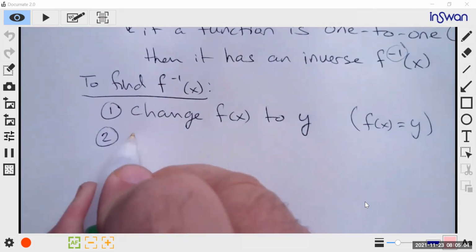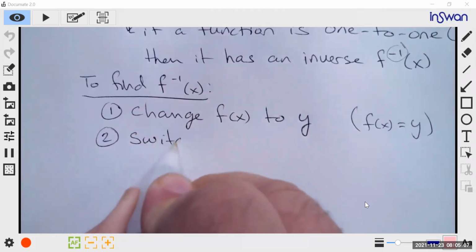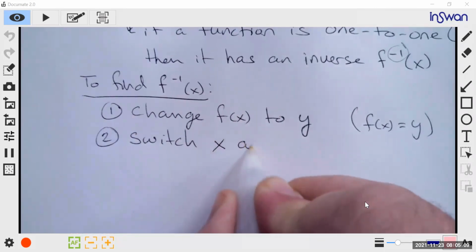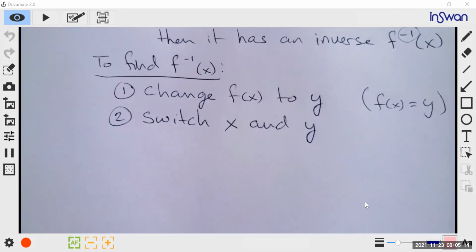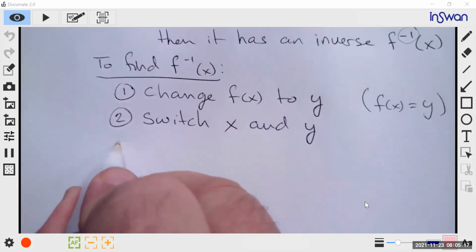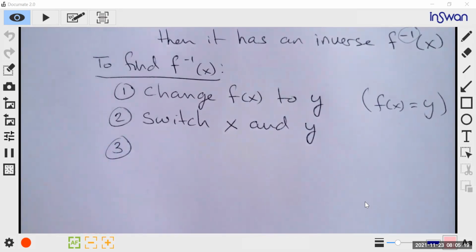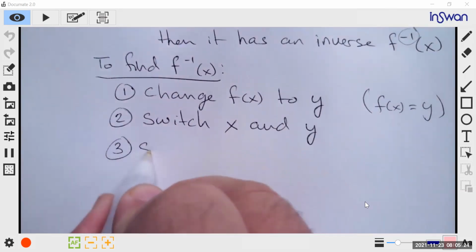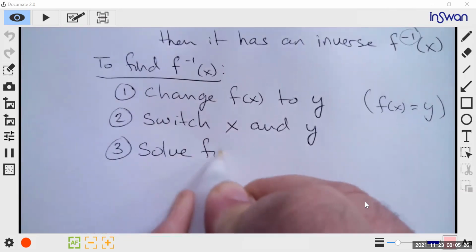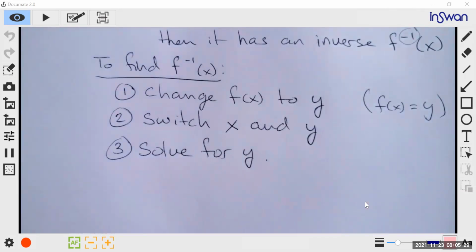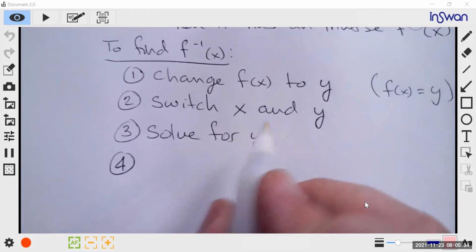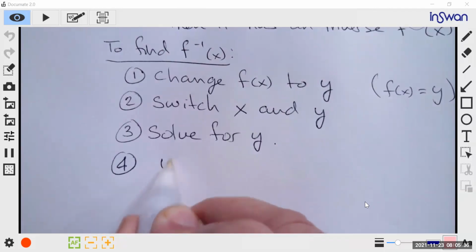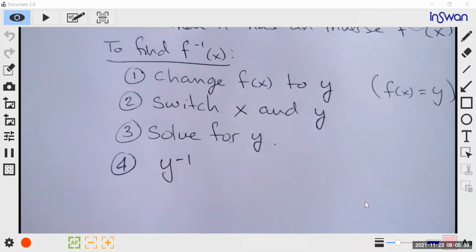Second step, switch x and y in the equation. Then solve for y. The y that you just solved for is the inverse.